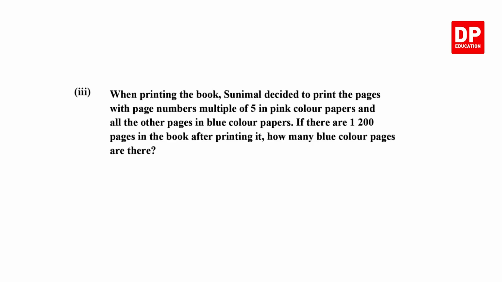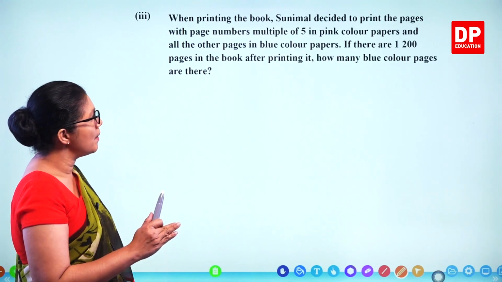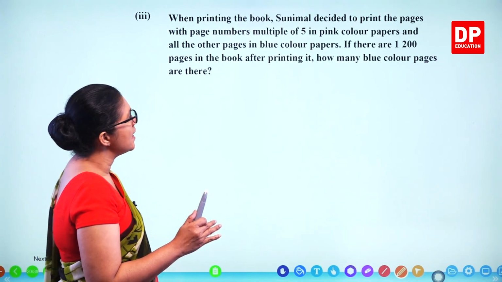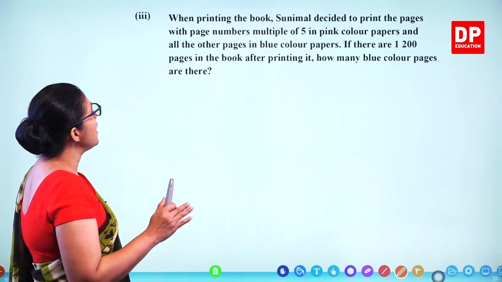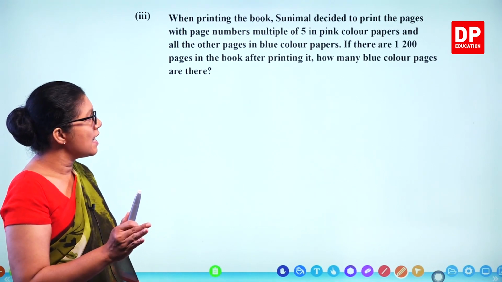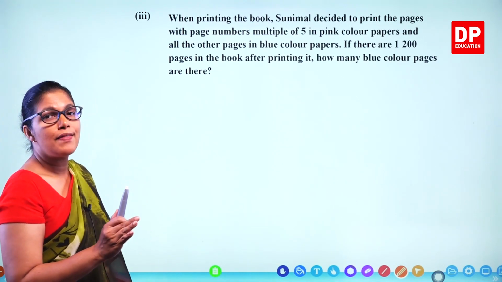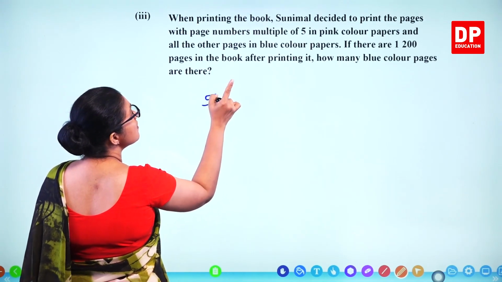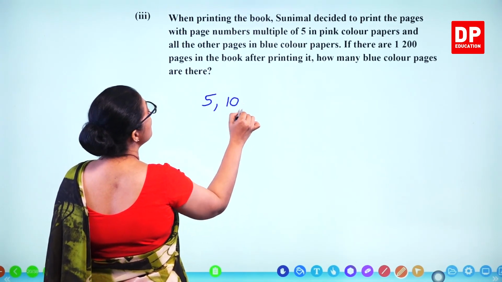Now part 3. When printing the book, Sunimal decided to print the pages with page numbers multiple of 5 in pink color papers and all the other pages in blue color papers. If there are 1200 pages in the book after printing it, how many blue color pages are there? Now this is taken as 5, 10, 15.